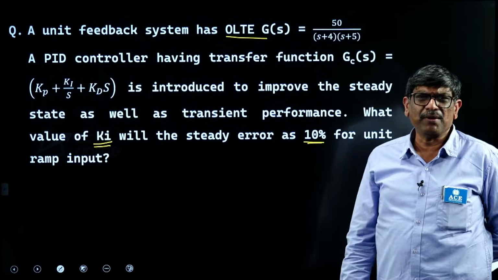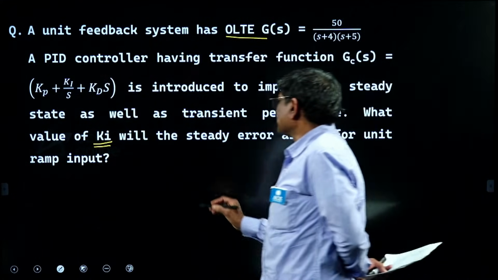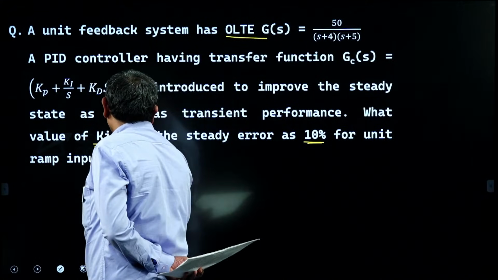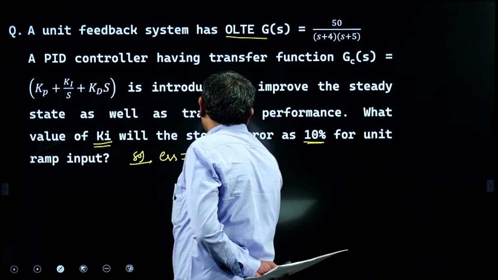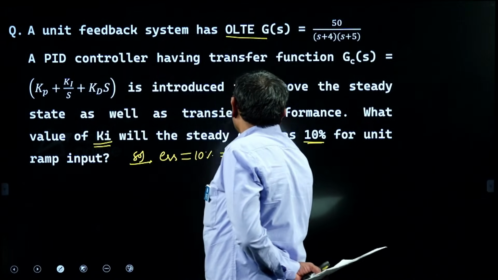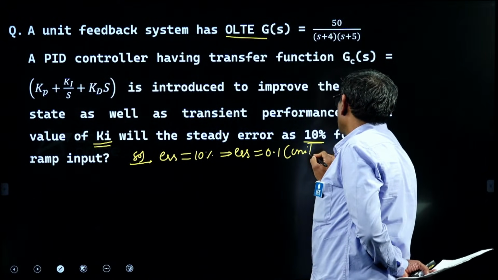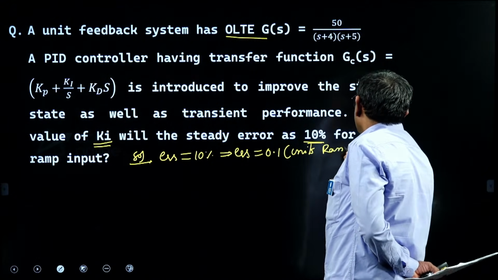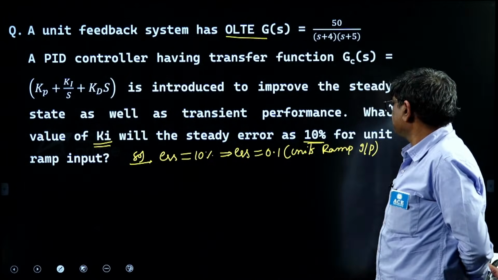We want ESS equal to 0.1 for a unit ramp input.